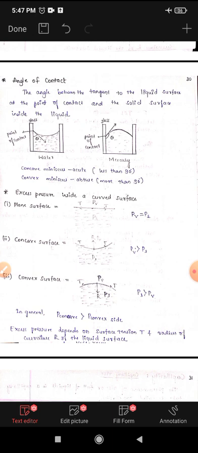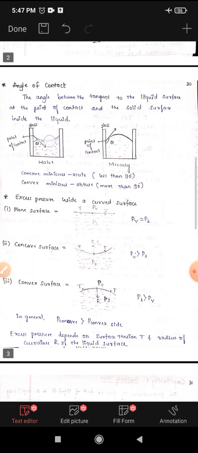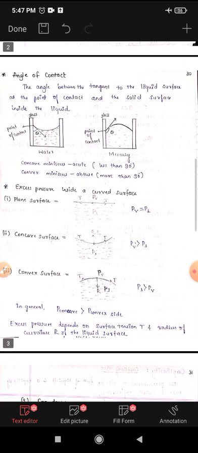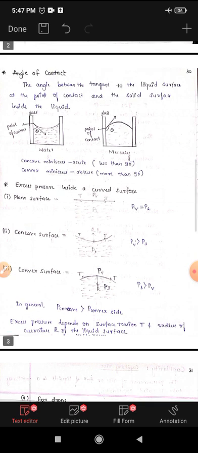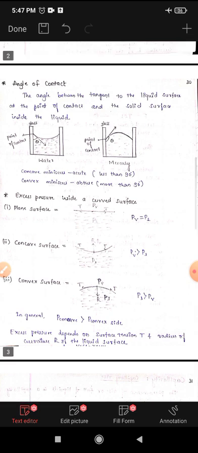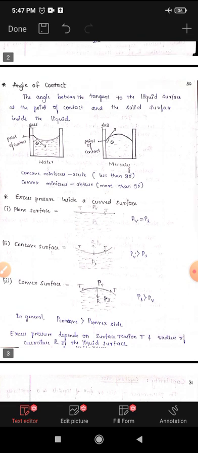and whatever liquids wet the glass surface will have a concave meniscus, or this type of surface. And the liquids which do not have the capacity to wet the glass will have a convex meniscus, or this type of liquid surface.